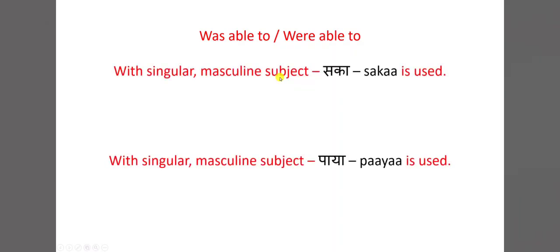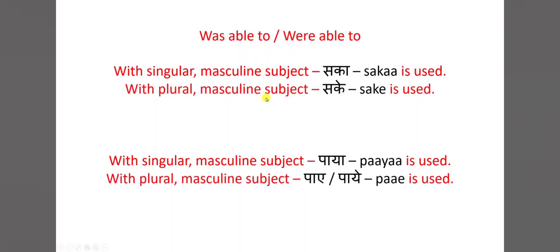With singular masculine subject, we use saka, saka. With singular masculine subject, we can also use paya, paya. Alright? We can use either this or this. With plural masculine subject, we use sake, sake or paye, paye.